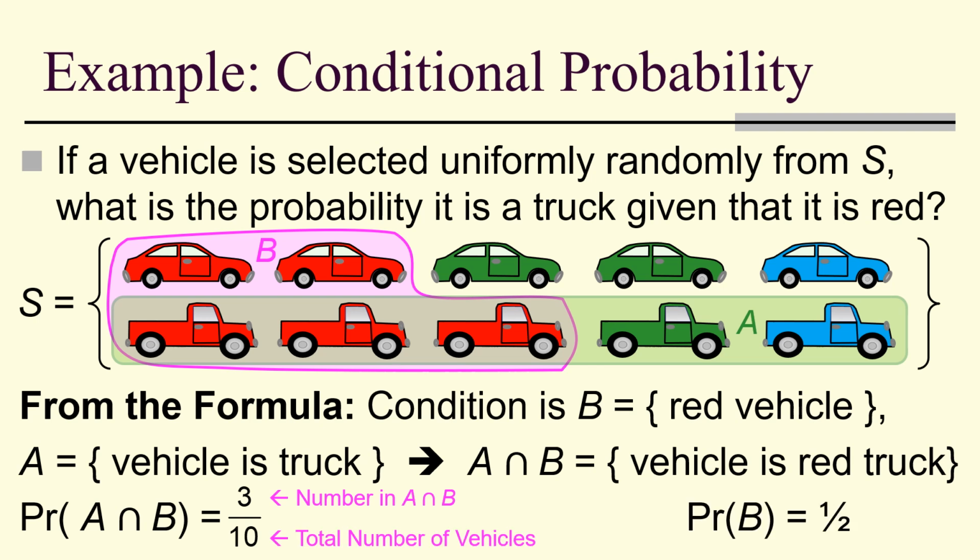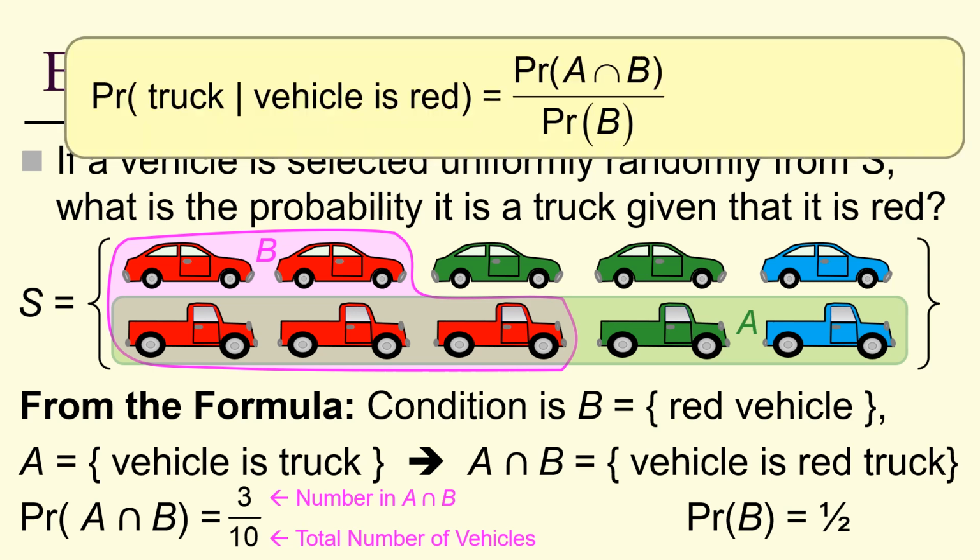And the probability of a red vehicle, there are 5 red vehicles out of the 10, so that's 1/2. So the probability that we have a truck, given that the vehicle is red, is the joint probability over the probability of B, which is 3/10 over 1/2, which is 3/5, which is 0.6.